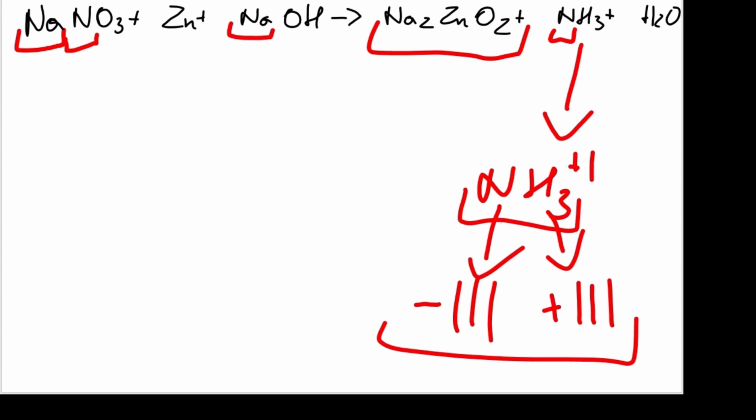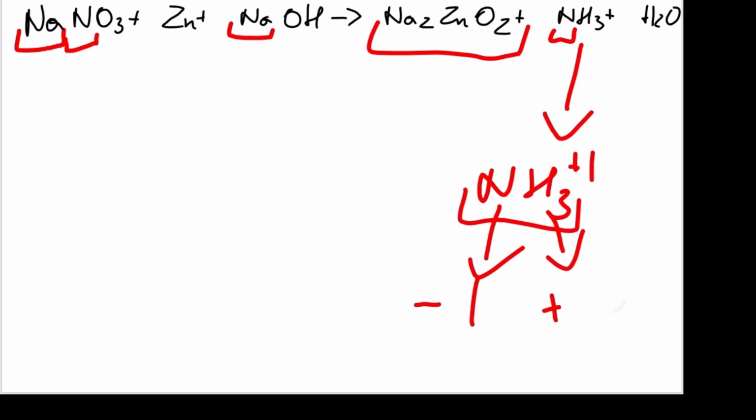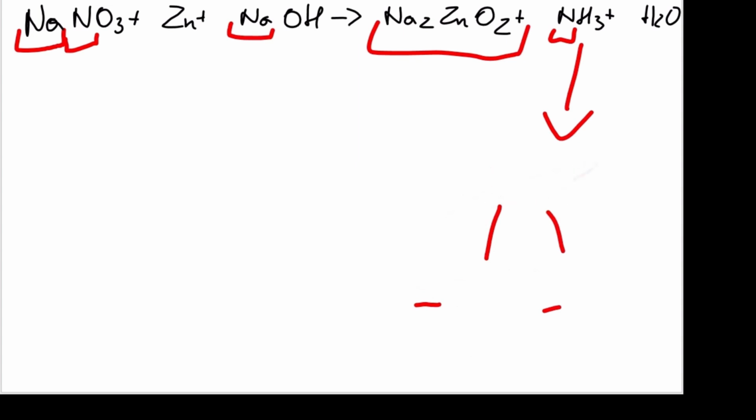So the oxidation state of nitrogen is equal to -3 in this case. Okay, so we found that nitrogen changed its oxidation state.